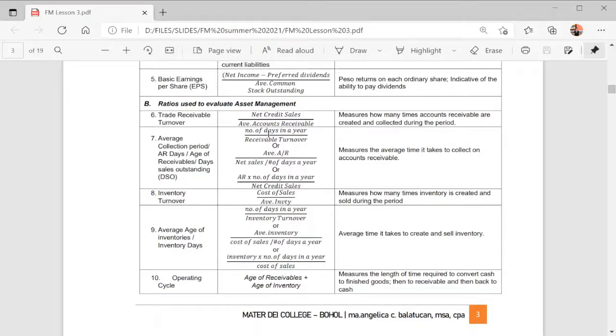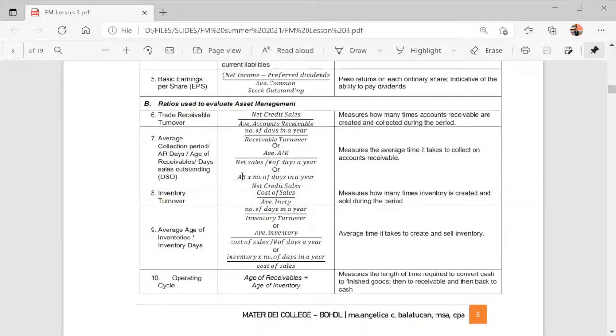Again, you will still arrive at the same answer as the first formula. Or another way, if we don't like to keep dividing: multiply AR by the quotient of net sales and days in a year. Right? That is all division, while this one is multiplication. So it is easier to compute on the calculator continuously.